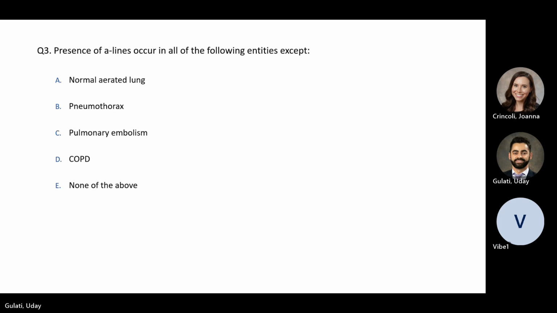Pneumothorax, right? Because you've put a bunch of air between the visceral and parietal pleura, so you shouldn't see that reverberation artifact. You shouldn't see that finding of A lines because there's no reflection, there's no pleural interface in that area anymore.